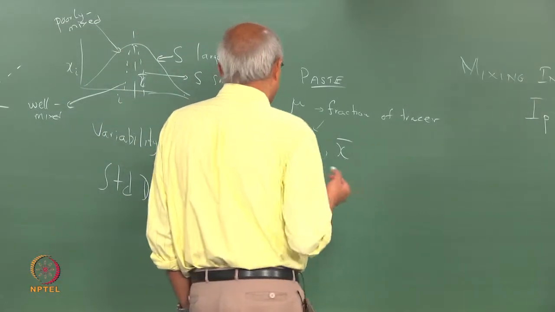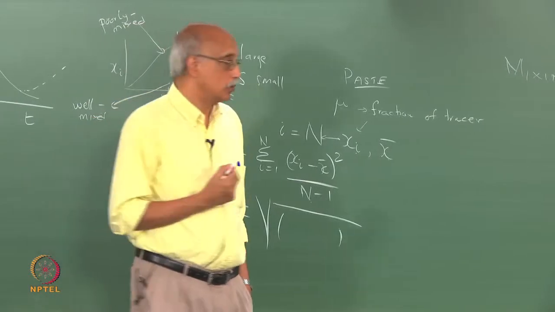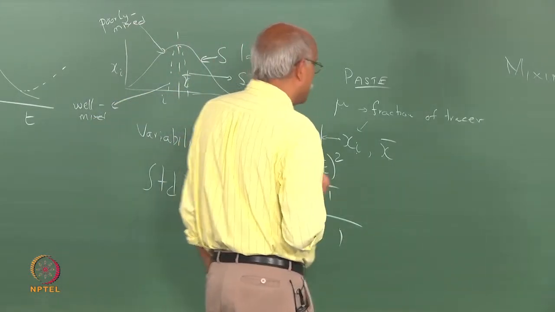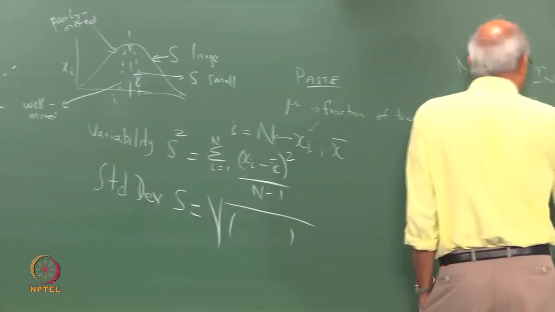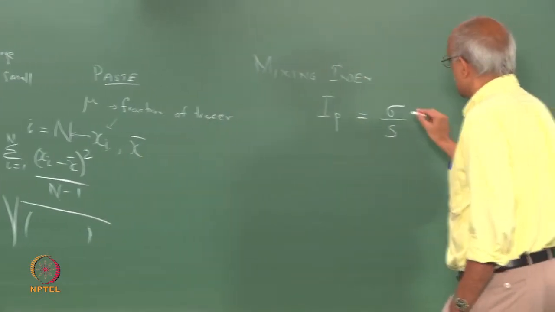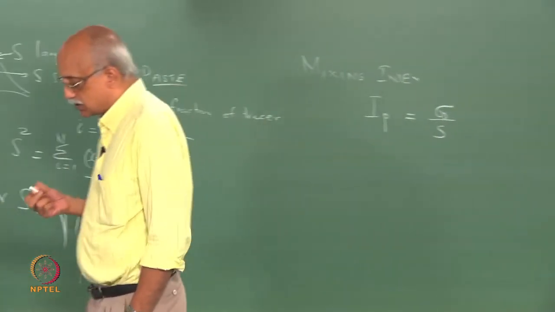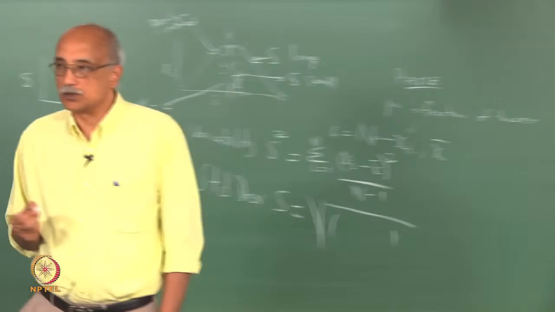So, it gives you a measure of how mixing changes over time. So, if you take your S value and your, let us call that sigma 0, where sigma 0 is your standard deviation at time 0.